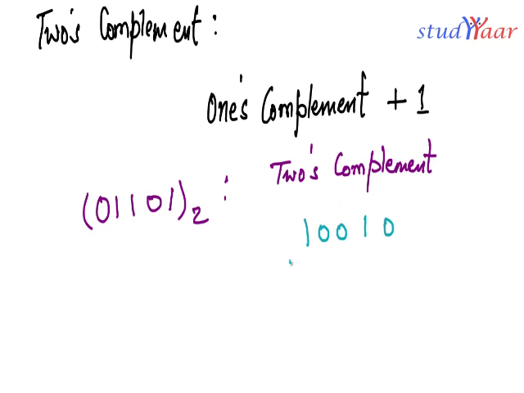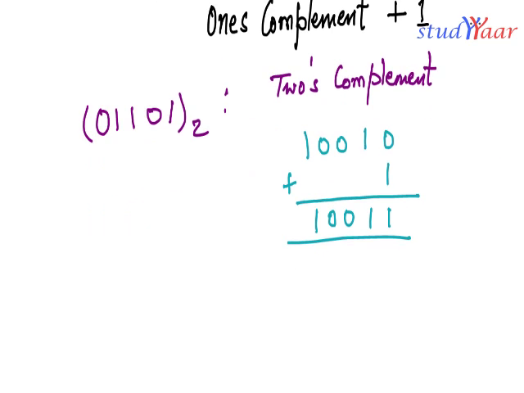I'll just tell you what binary addition looks like, but for the sake of twos complement here, just understand this is the equivalent binary addition. So my 2's complement of 01101 is 10011. This is the 2's complement.